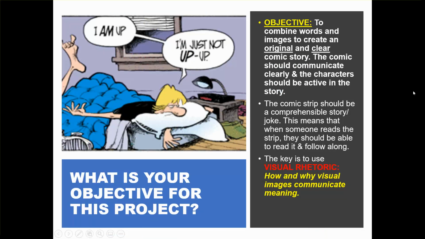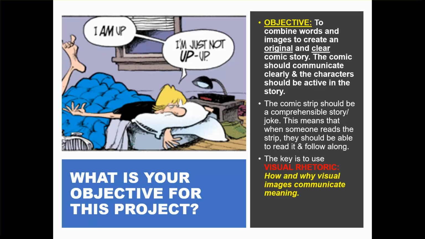So right away, what is your objective for this project? Your objective is to combine words and images to create an original and clear comic story. So the comic should communicate clearly and the character should be active in the story.